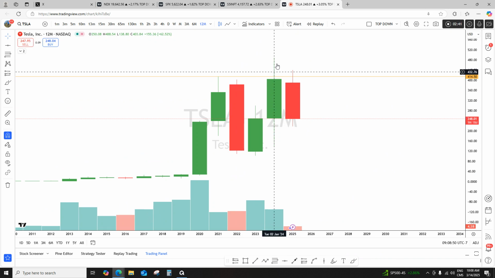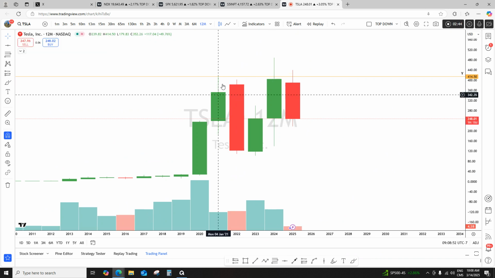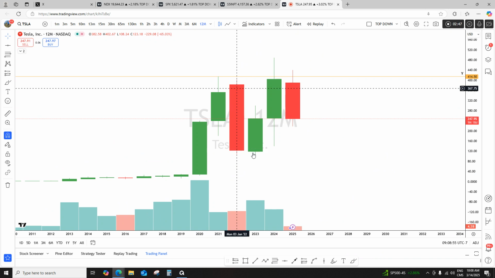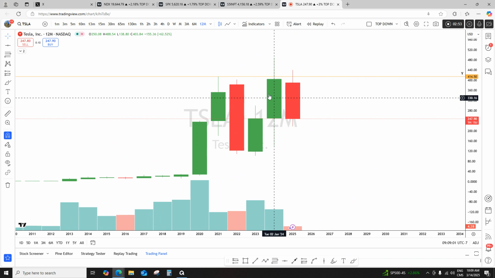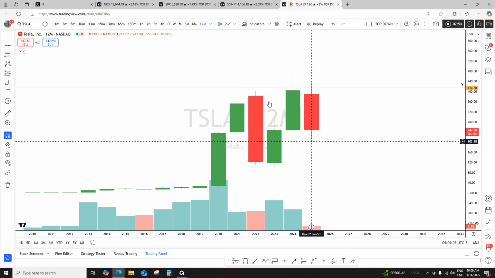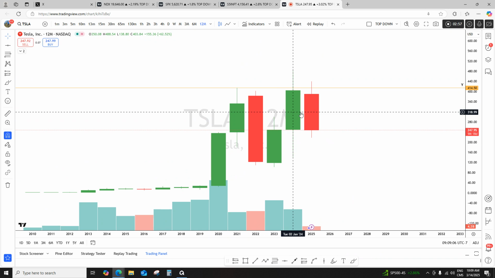This zone was formed in 2022 and completed at the end of 2022, and then price goes into this zone in 2024. Here everybody was bullish. Trust me, every single person was pushing Tesla to go to 700 because Trump has joined the office and Elon Musk is also there.